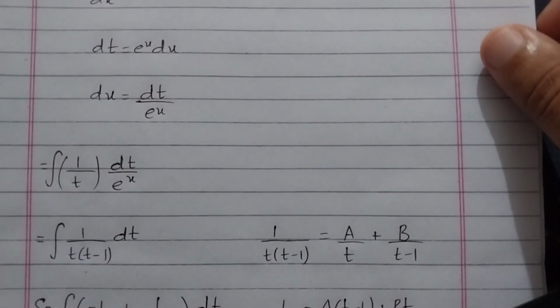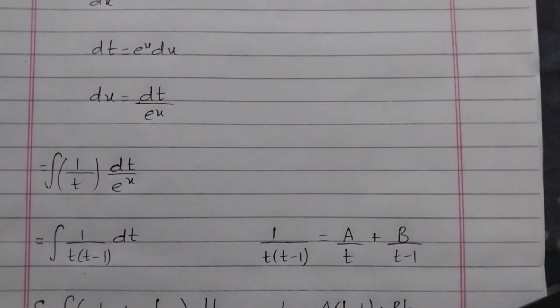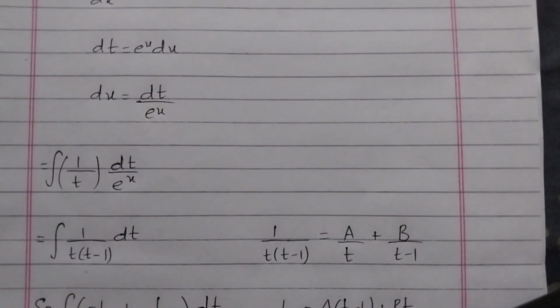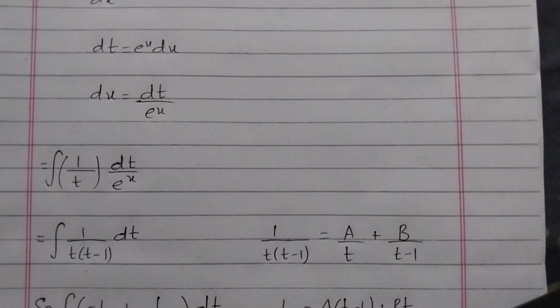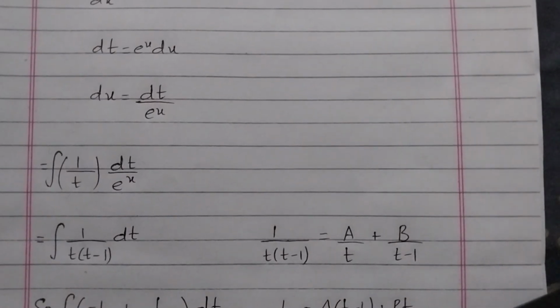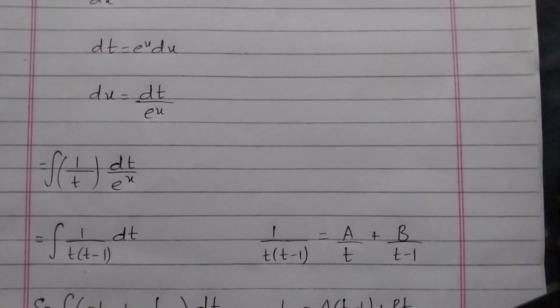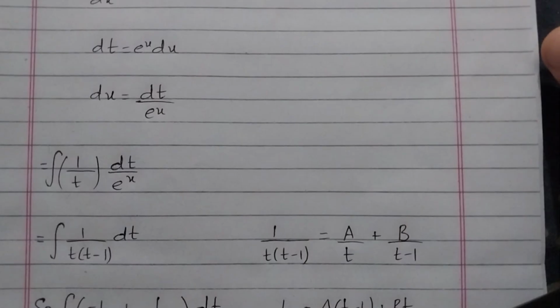So whenever we have two linear factors, we can use partial fraction resolution in order to convert that fraction in the form of two fractions. We have two factors here in the denominator, so now we can write this whole fraction as a sum or a difference of two fractions.